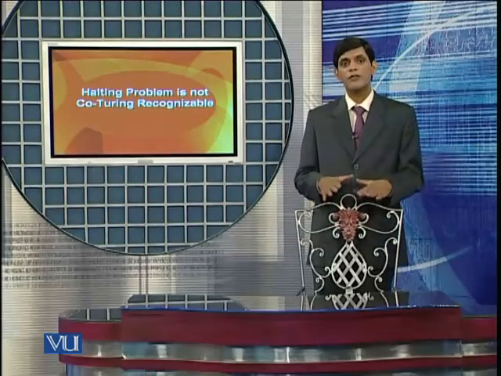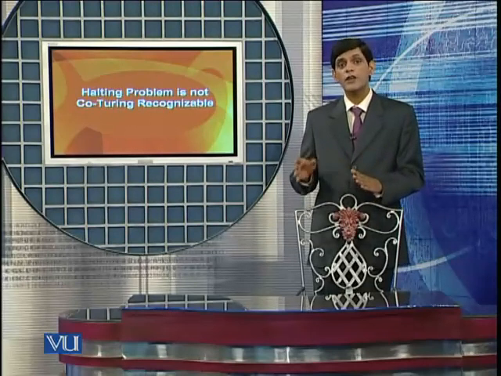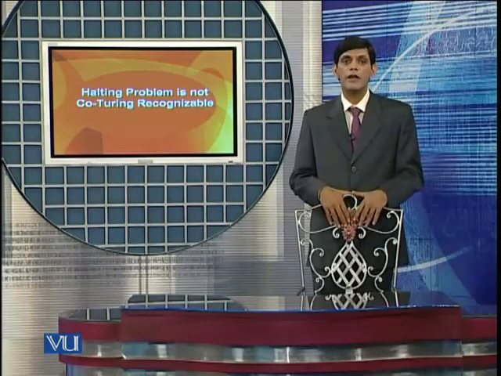Then, since it was required to only enumerate those enumerators that do not enumerate their own descriptions, it should not have enumerated its own description. Now, if this enumerator does not enumerate its own description, then by its very definition, it should enumerate its own description. So we run into a contradiction either way. Hence, such an enumerator cannot exist.